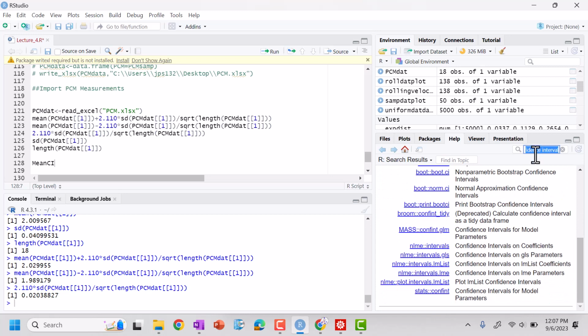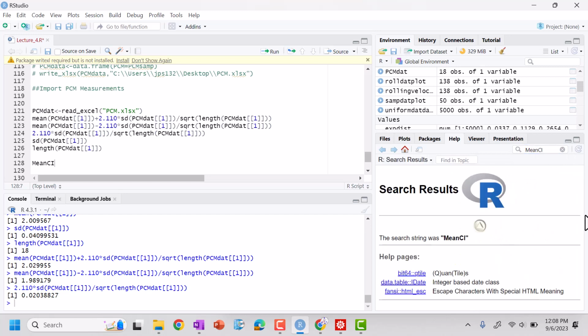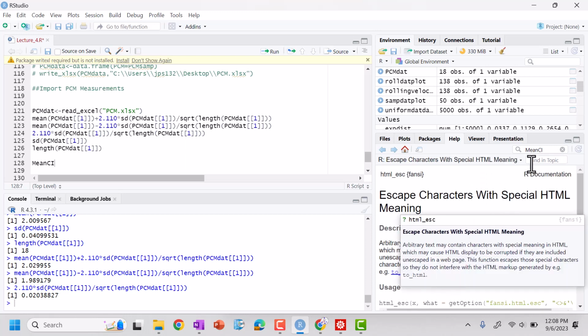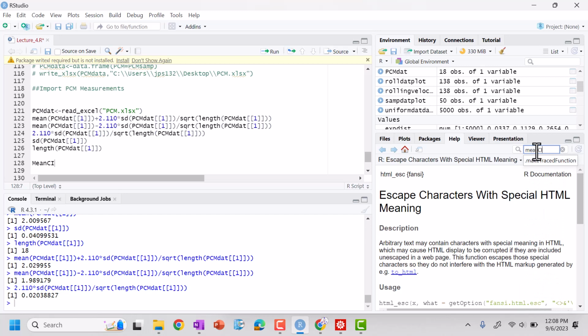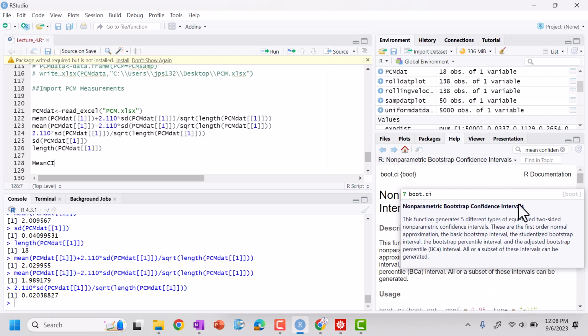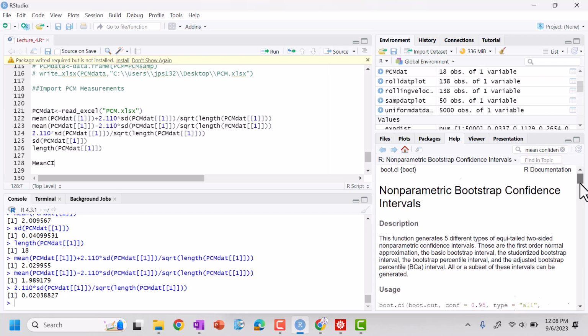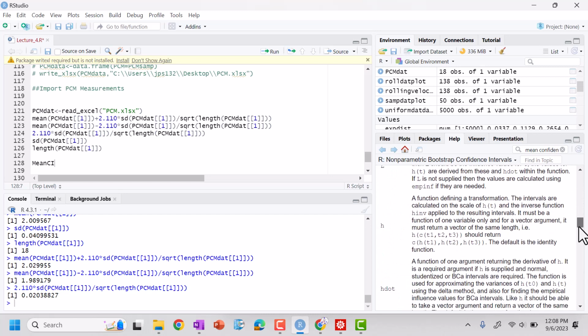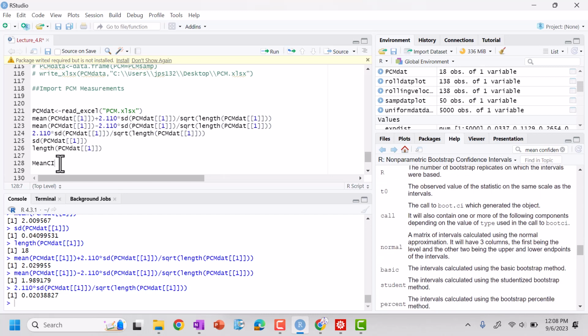We should have a mean. We should have some values here. Maybe it's just little mean CI. My apologies for this, but it's important. So we don't need boot. But we can actually get this either way.